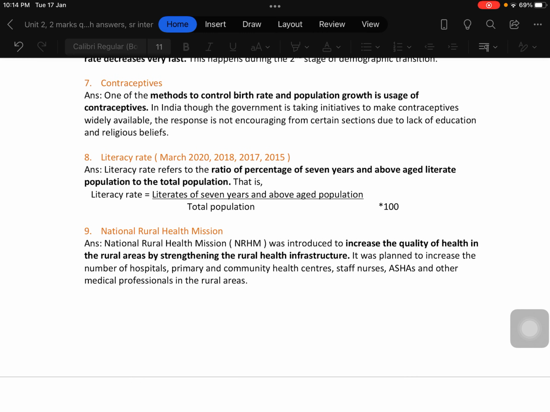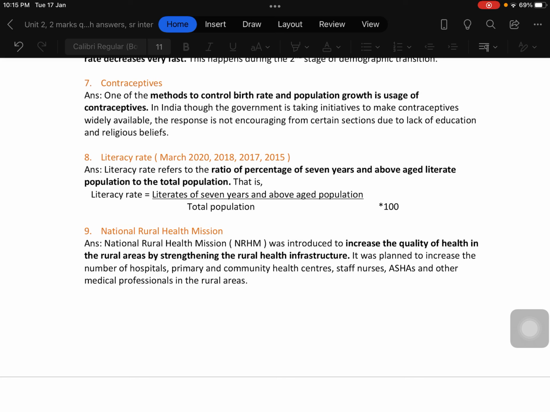Okay. The next question is the National Rural Health Mission, that is NRHM. It was introduced to increase the quality of health in the rural areas by strengthening the rural health infrastructure. So how to increase the rural health infrastructure?